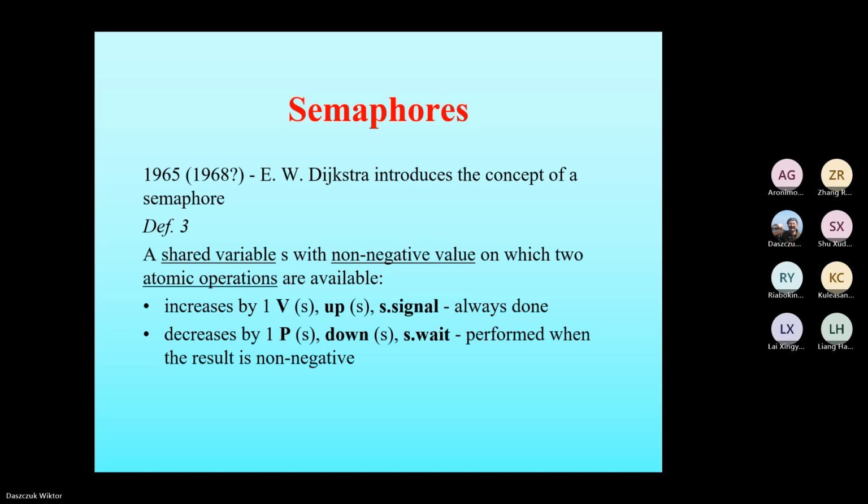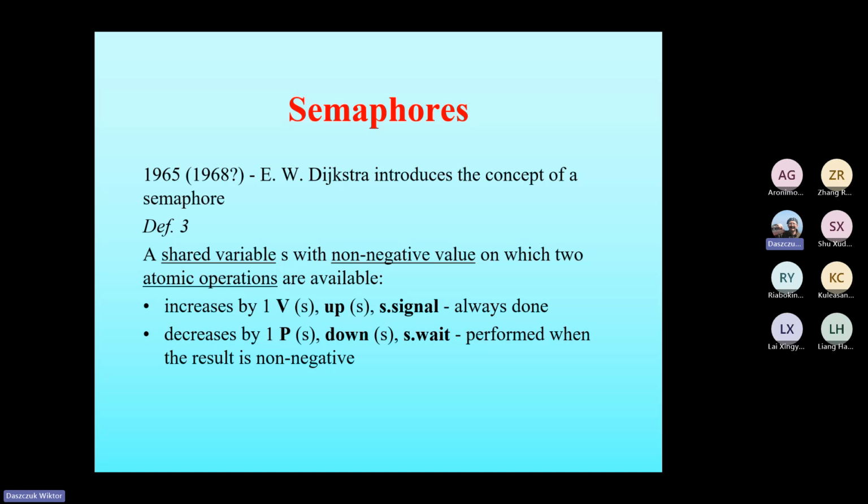Formally, when we treat the semaphore as an abstract data type, we can say that increasing is always possible, but decreasing is possible only if it keeps us in the set of values of this abstract data type.